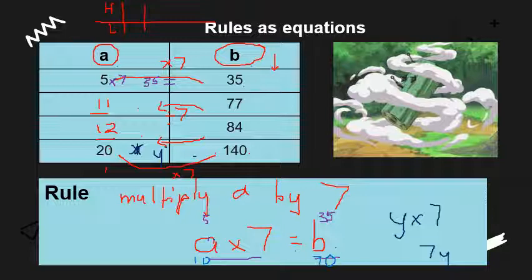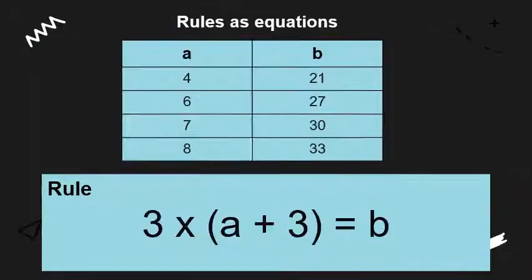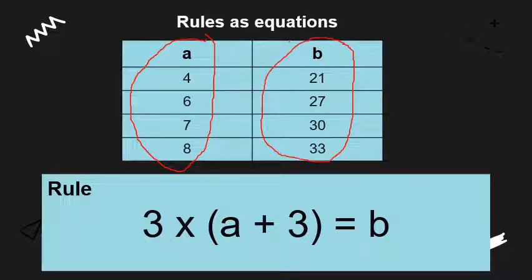Yep, that's simple. Now on this last example, I have my values table with my two columns A and B. So I've got my A values in this column and my B values in this column, and it's filled in. So we're not trying to find missing values for this one. The first thing I want to do is find out what my rule is.